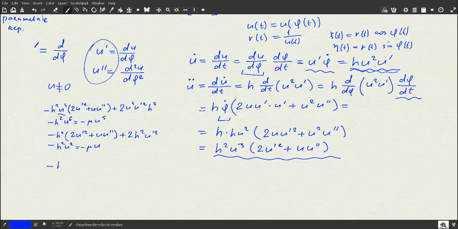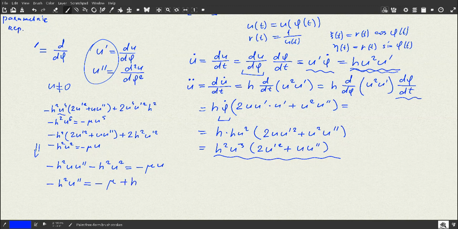We get minus h squared u double prime minus h squared u squared equals minus mu u, which allows us to divide by u again, and we get minus h squared u double prime equals, let me put it that way, minus mu plus h squared times u.